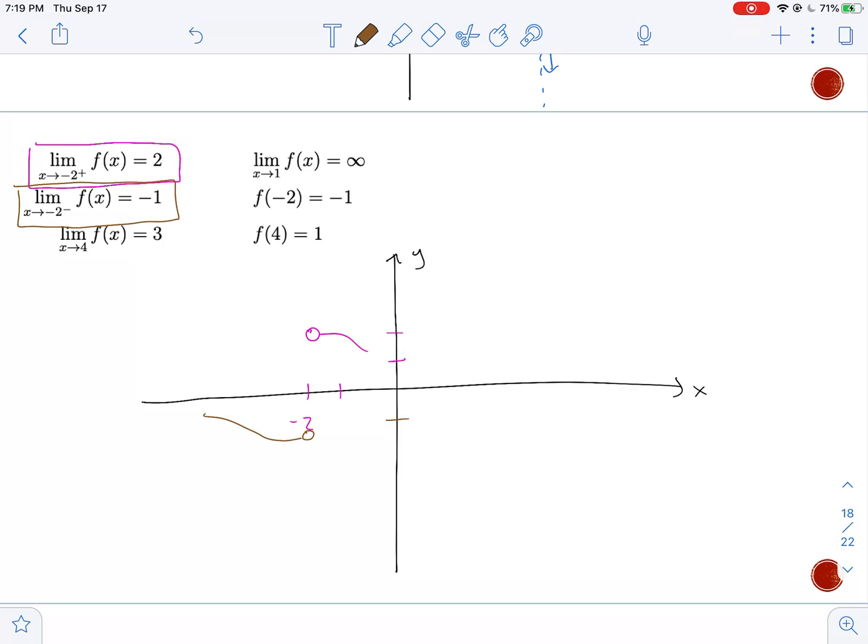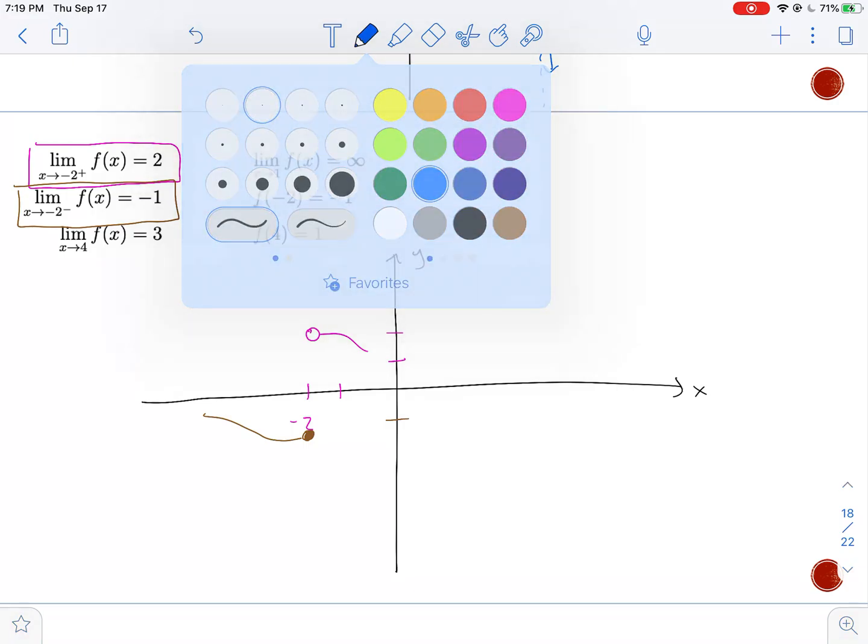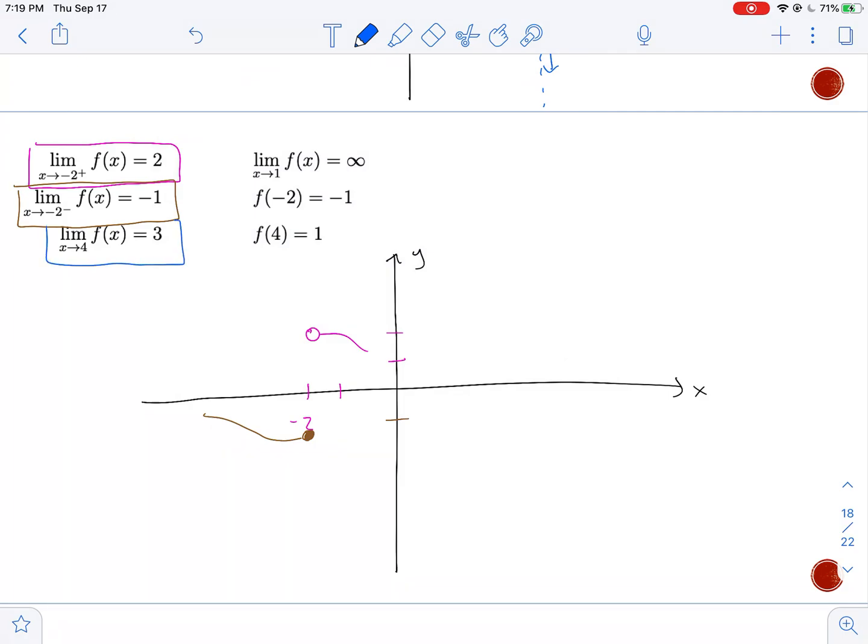Could both of those circles be filled in and still have it be a function? No, because it wouldn't pass the vertical line test. Could I fill in one of the circles and have it be true? Like, could I fill in the circle here and have it be true? Yes. So they both could be open, or one of them could be closed to have this still be a function. All right, let's keep going.